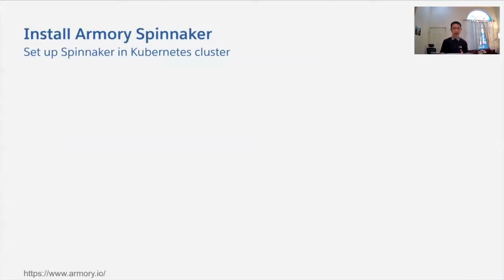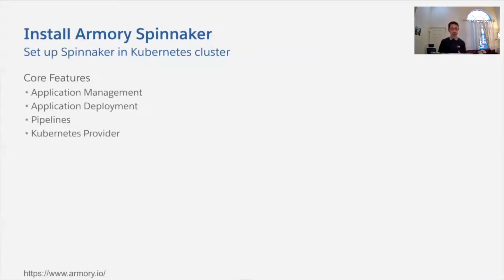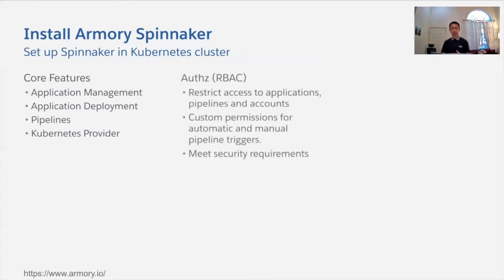In the first phase, we set up Spinnaker in Kubernetes clusters. The core features we install are application management, application deployment, pipelines, and the Kubernetes provider. The second important feature is OAuth, for role-based access control. Why do we need that?